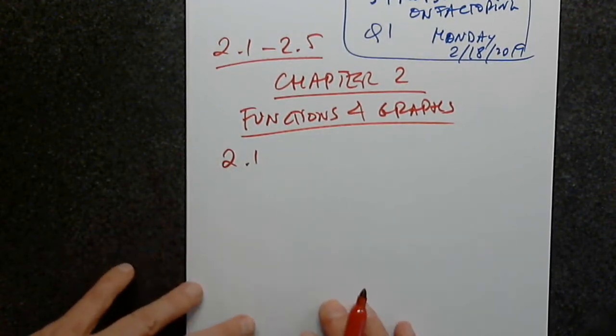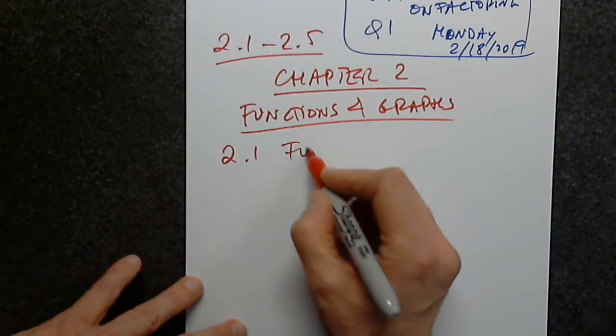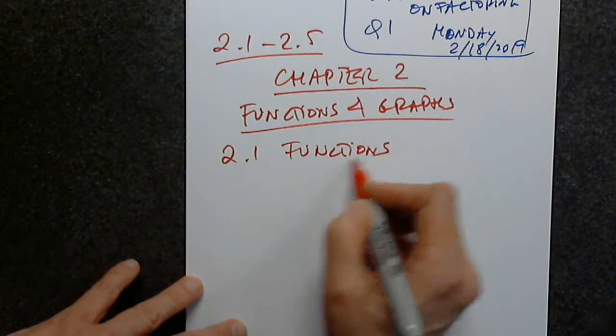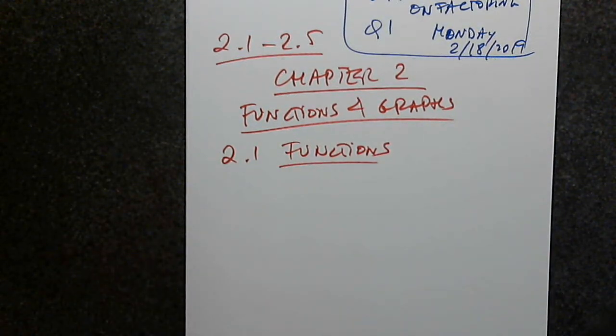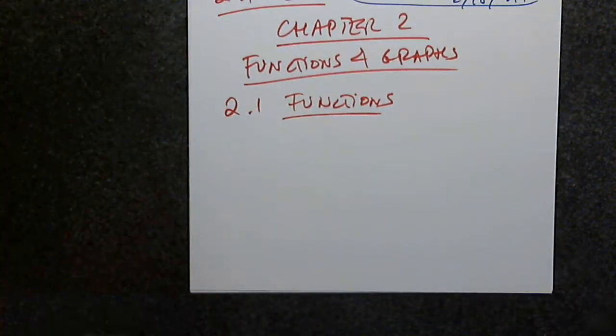In 2.1, we will review what a function is, the basics of functions, how to read from a graph, what is a function, and domain and range, the things that we know about, but I'm going to refresh our memory on these things.